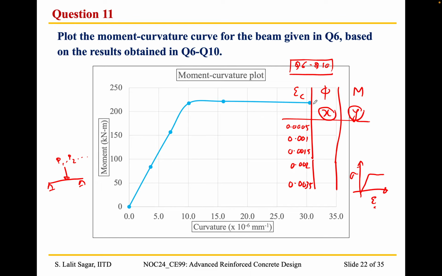So we are going up to the ultimate point, which corresponds to a concrete strain of 0.0035. So this is how we can develop the moment curvature plot.